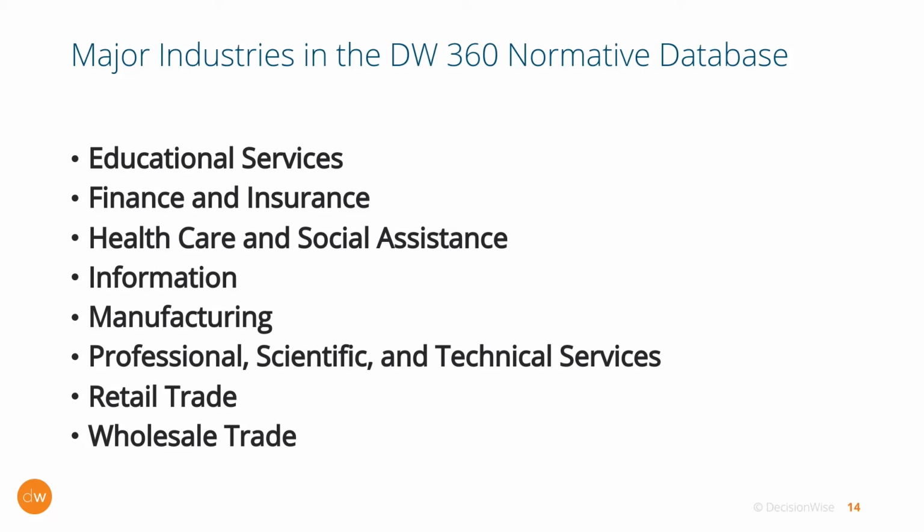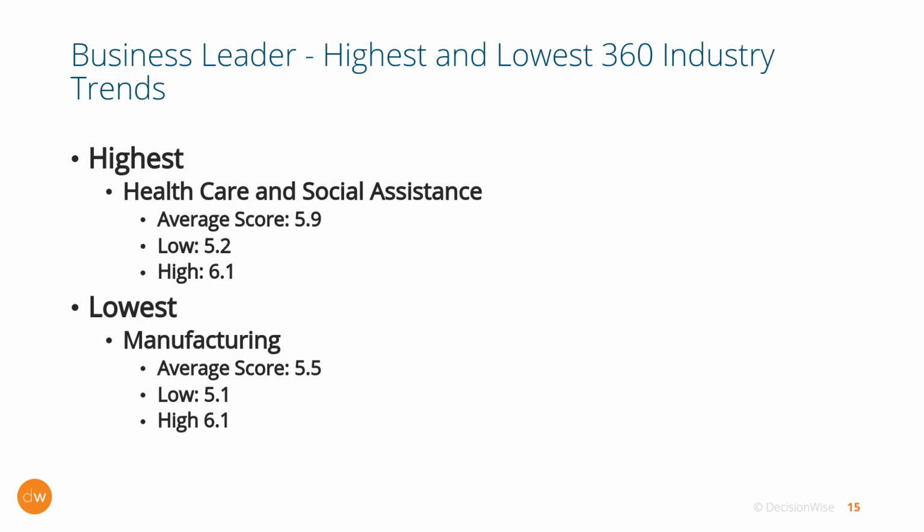But the interesting thing for us, going here on out, we're going to be looking at our business leader 360 assessment, because that's the assessment where we have a larger population behind. And just kind of taking that to the next level. So just focusing on the business leader, where we've got the most data, and looking at our industry options, what are we seeing?